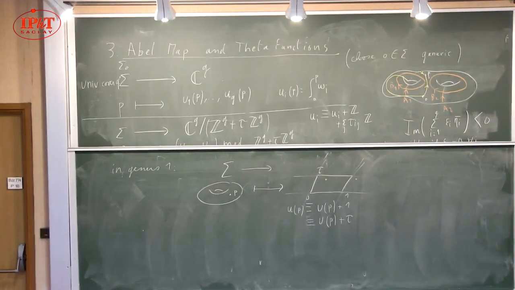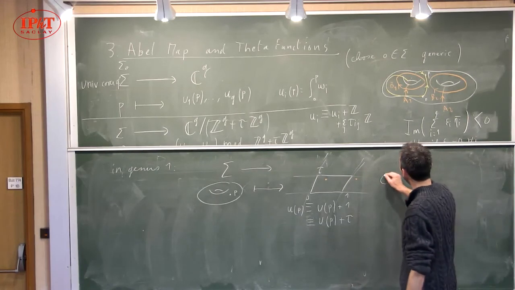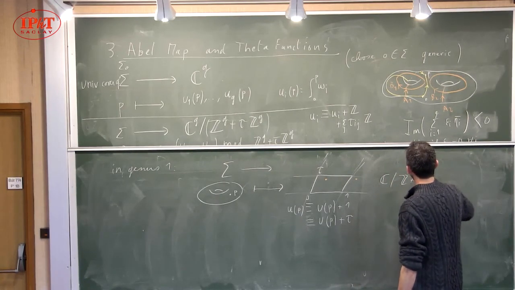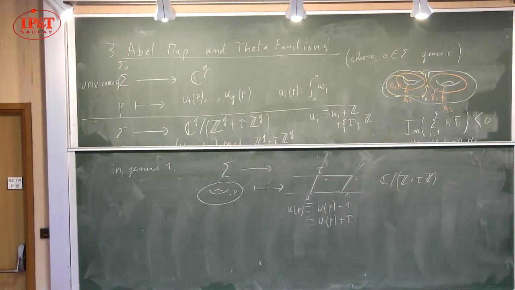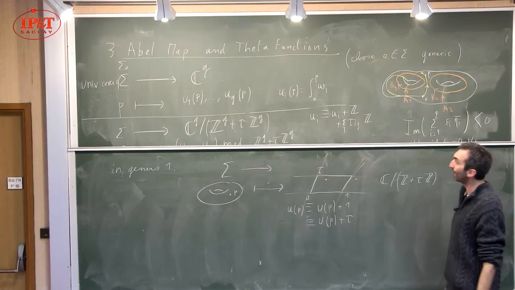Well, in genus 1, tau is a 1 by 1 matrix, it's just a complex number. And so this is C modulo Z plus tau Z. And it's the standard torus. So it just generalizes to that.